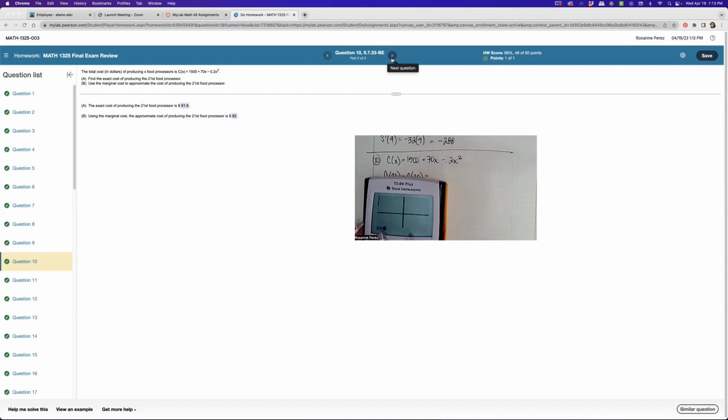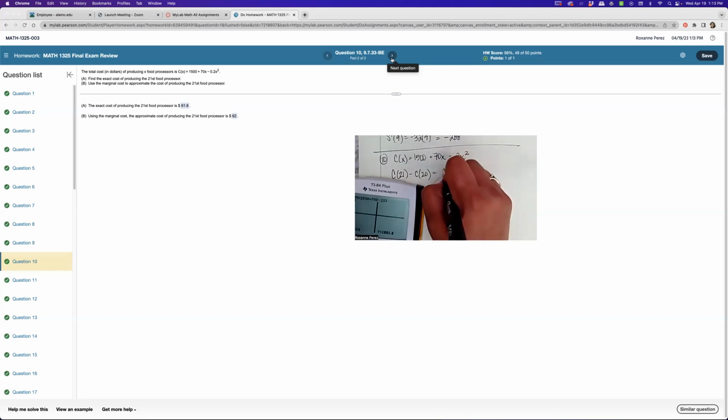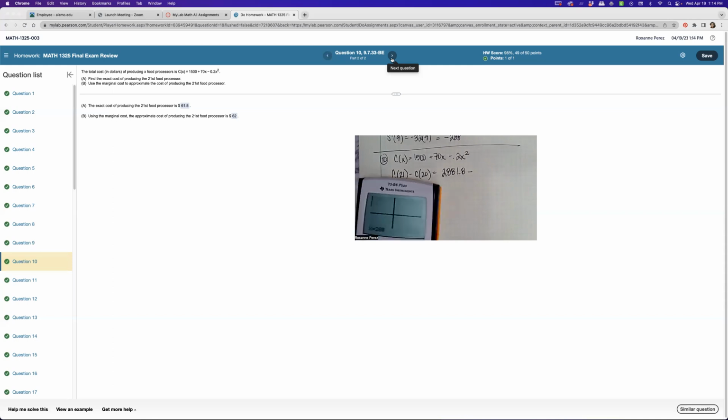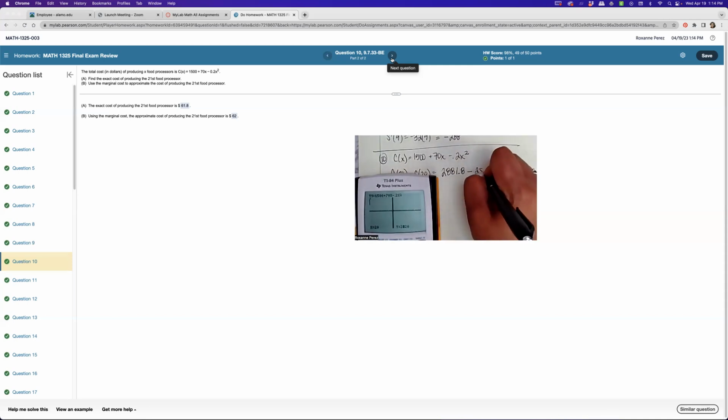Well, it doesn't like that because I have to adjust my window. Okay, second trace 1. I want to know the value at the 21st unit, and that's 2881.8. Minus, so I'm going to do the same thing, second trace number 1, and I'm evaluating when x is 20, and that's going to give me 2820.